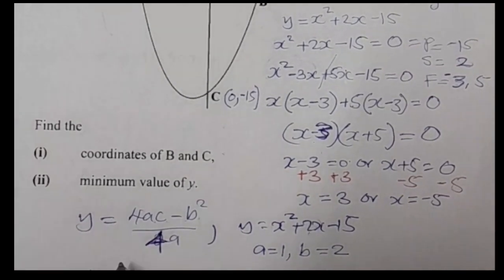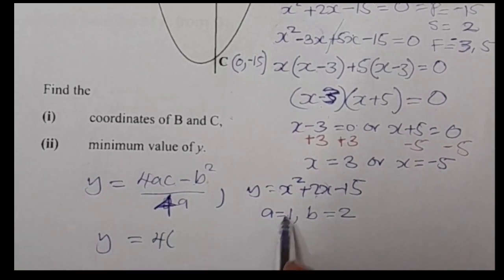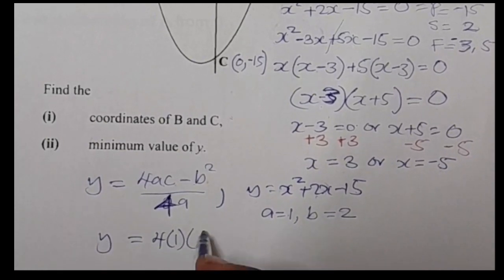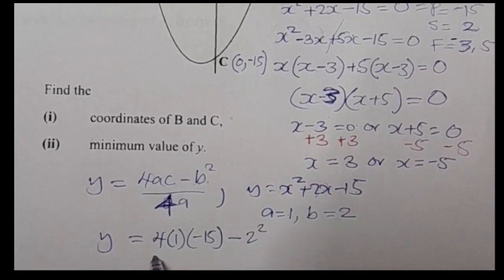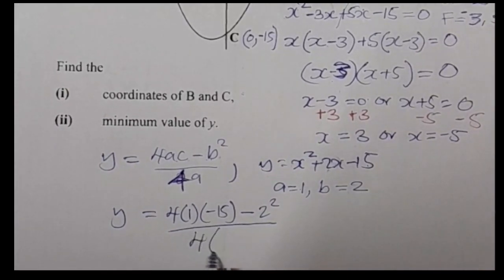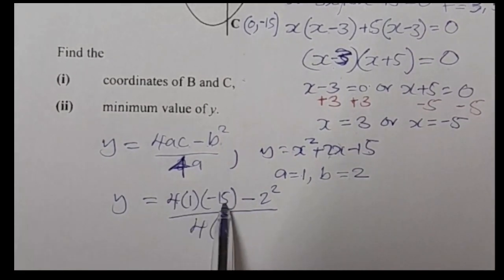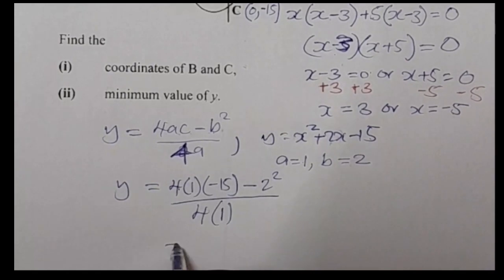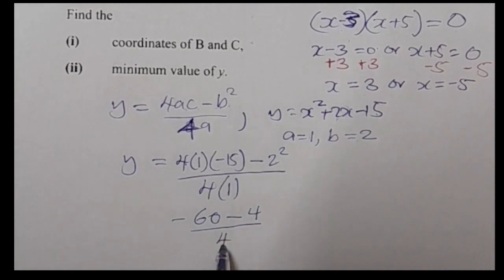We will have y is equal to 4 times a, which is 1, times c, which is negative 15, minus b, which is 2, squared, and everything is being divided by 4a, which is 4. Okay, so 4 times 1 is 4, times negative 15 is negative 60, minus 2 squared is 4, over 4.